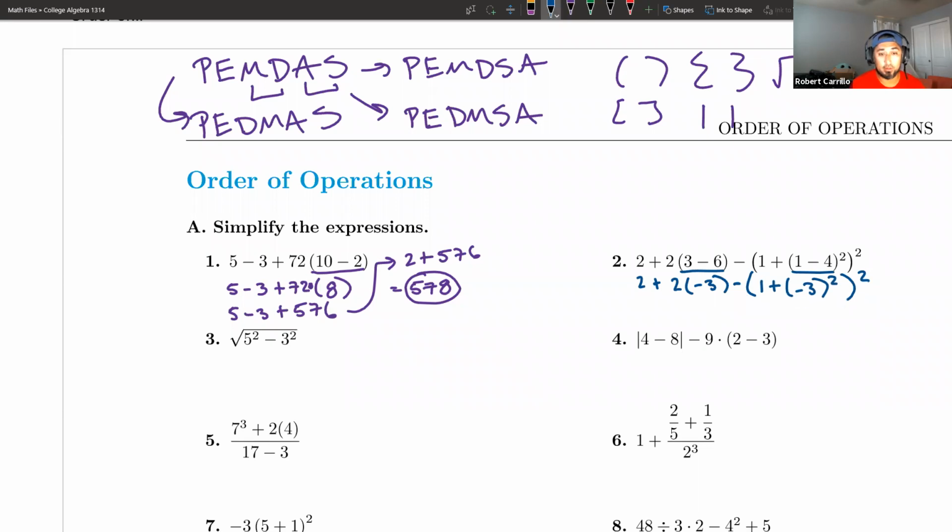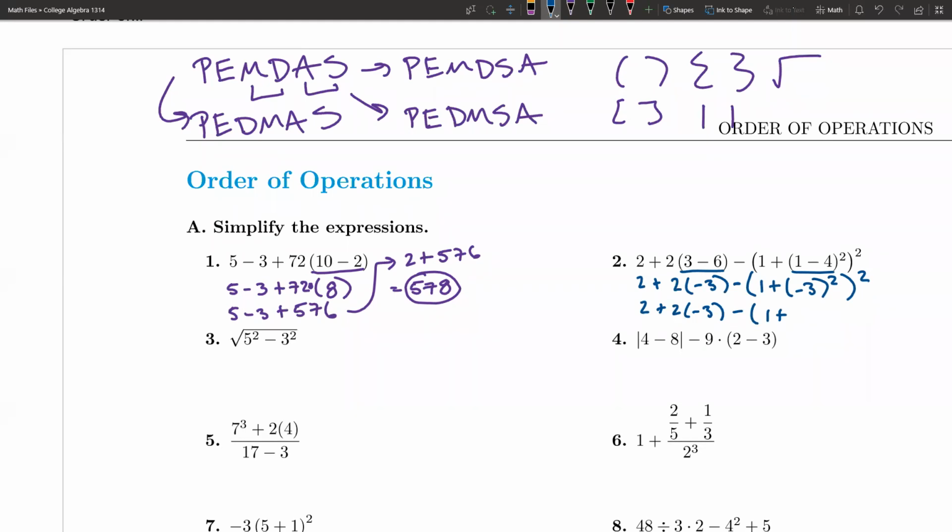Okay, so this will remain the same: 2 plus 2 times negative 3 minus 1 plus, what is negative 3 squared, anybody? 9. 9, positive 9. And all of that is still being squared.